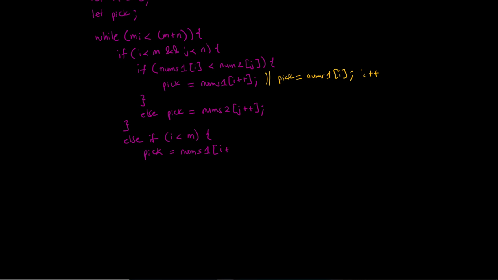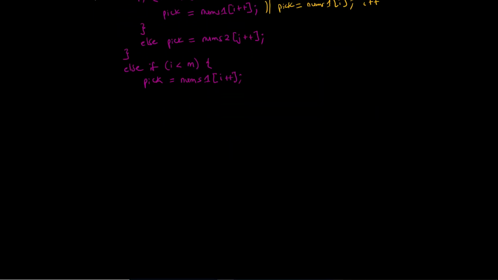It's just the same thing that we have up here, but in a different context. Then the else is when we have reached the end of i, but we still have j's. You just pick the remaining j's. So pick nums2[j] plus plus.